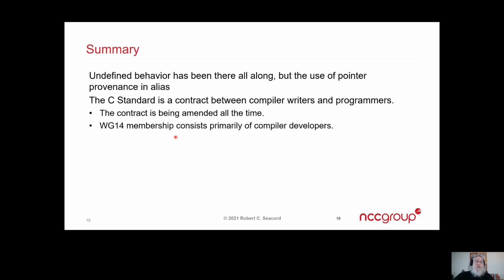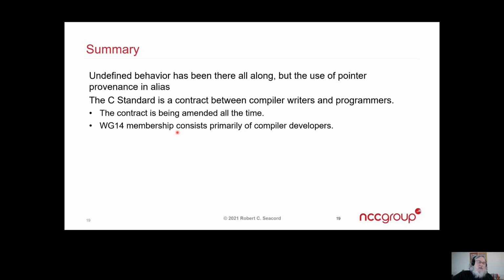The WG14 membership consists primarily of compiler developers, and to this day, 2021, the evolution of the C language is still being driven by performance. This is based on the behaviors of the customers of these compilers, who sometimes don't like these optimizations, but are unwilling to sacrifice the performance gains that these optimizations provide.